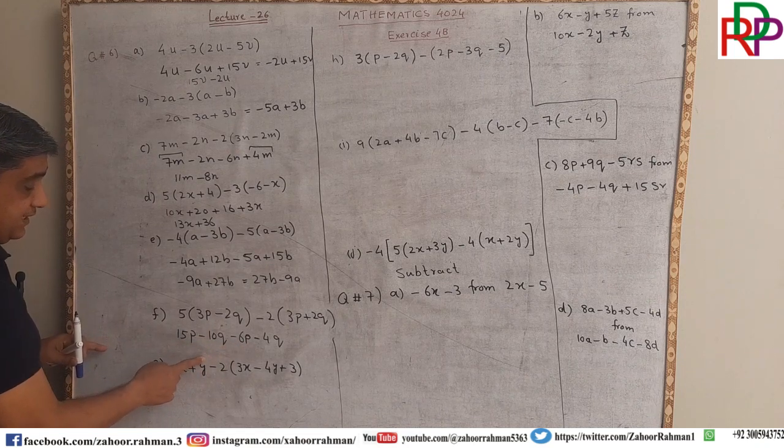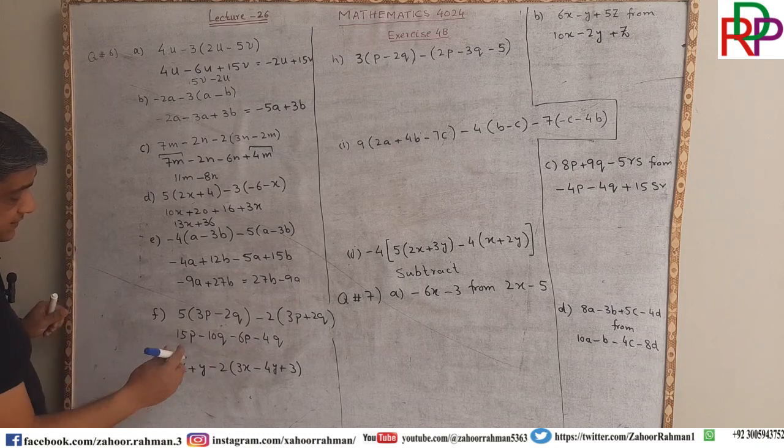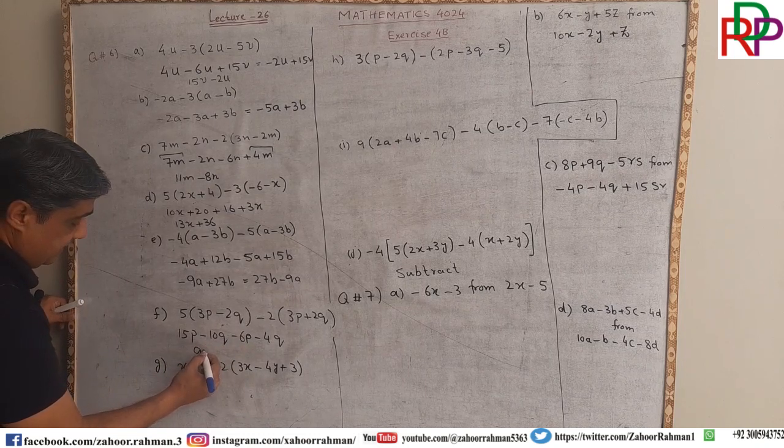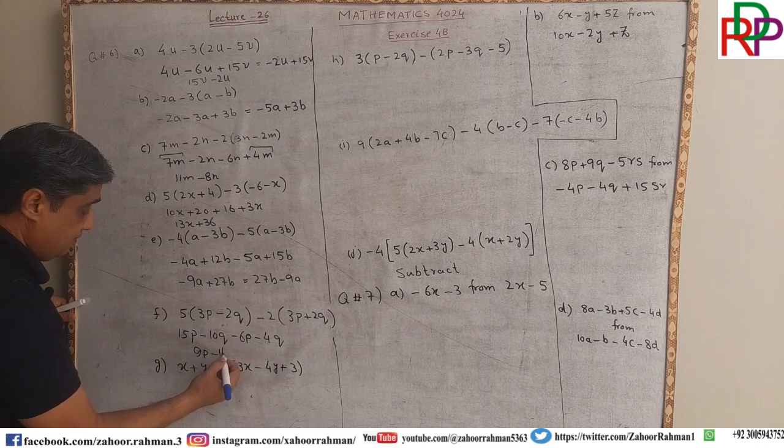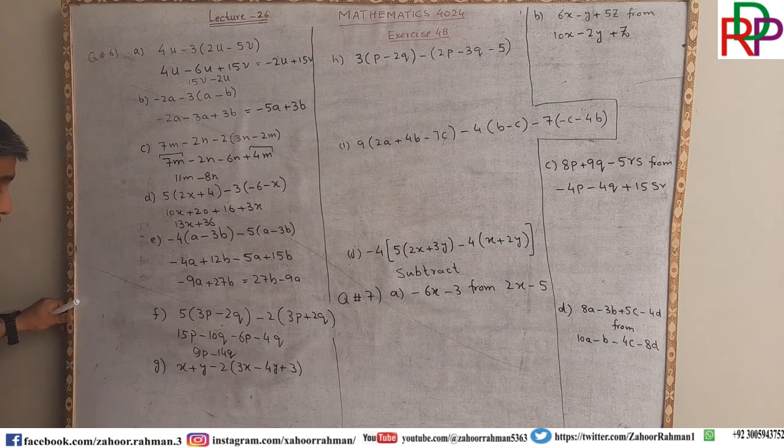This is p and p. 15p minus 6p will be 9p, minus 10q and minus 4q is minus 14q.